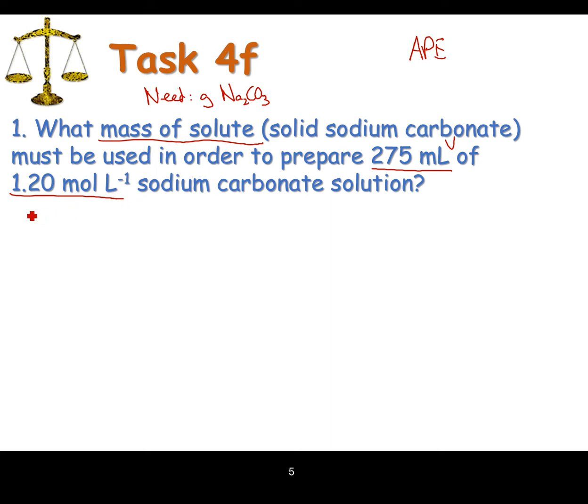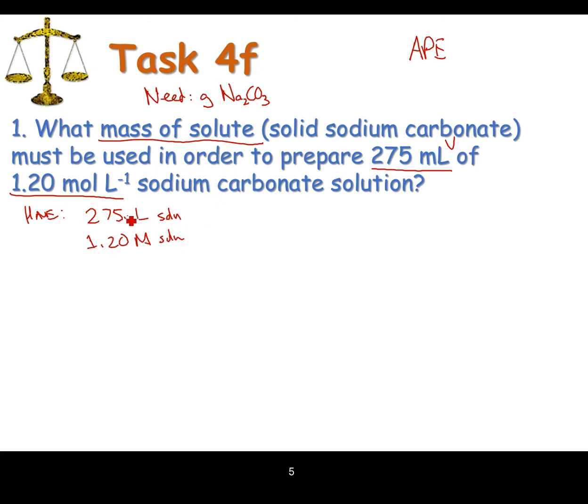These are our given information. We have 275 milliliters of solution, and then we need a 1.20 molar concentration of that solution.